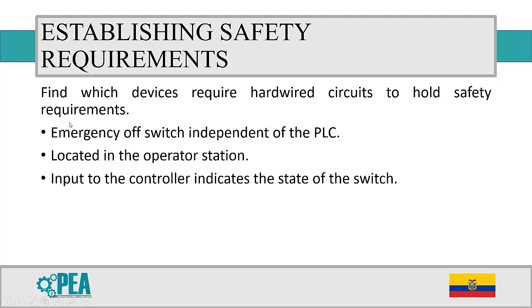As I told you, these are emergency off switches that are independent of the PLC. They should be located in the operator station, close to where the operator is, because it's pointless to put an emergency button far from him. When you have an accident, you want the fastest reaction possible.